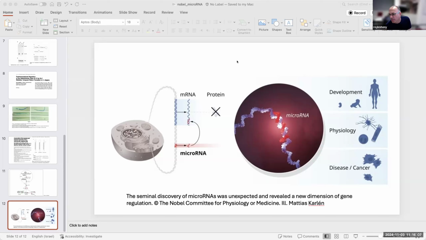Another question: for genes that are regulated by microRNA, how strong and tight is that regulation if you compare it to regulating the transcription or regulating protein stability and degradation? It varies. We know that mutations in microRNA can basically cause lethality in humans, so the regulation is really strong.